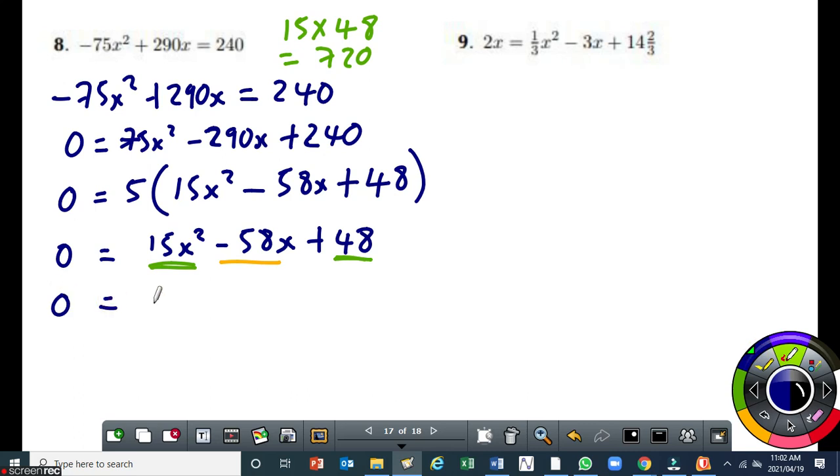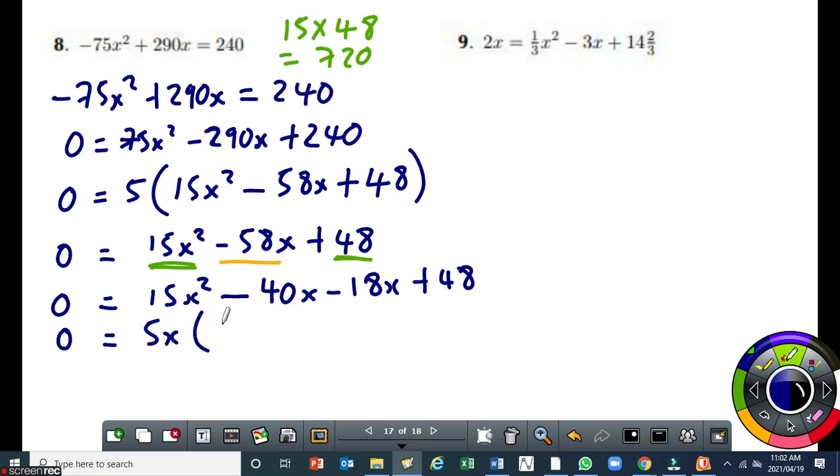So we can have 15x squared, then we will say minus 40x minus 18x plus 48, like that. So this is 0. We have a common factor there, that's 5. So we take out 5, then we have got 3x minus 8, then minus common factor, we have got 6 times 3x minus 8.